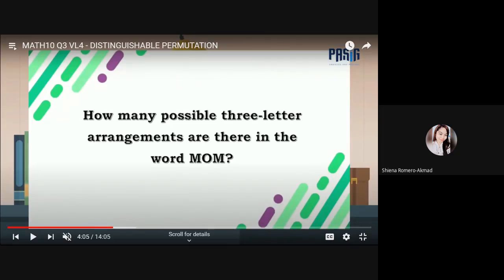Paki-raise yung hand if you are trying to solve it yourselves. Ayan, may nag-raise ng hand.